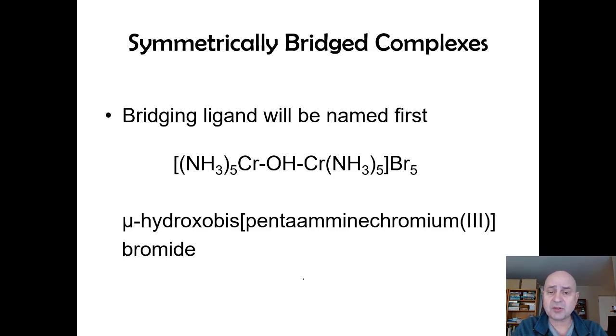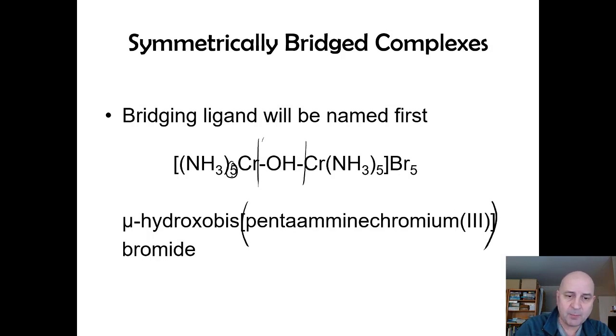If you have a symmetrical complex, meaning the two bridged complexes have the same chemical composition, like here we have a pentaamine chromium complex bridged by a hydroxyl ligand, we can lump this together, right?